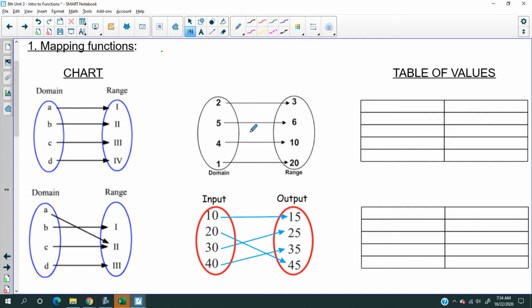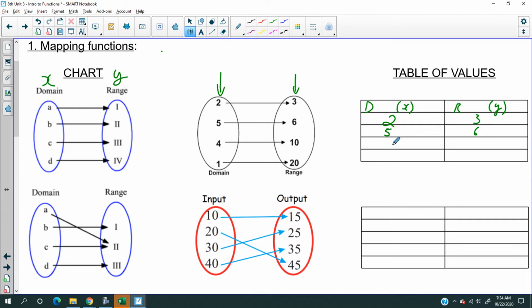Let's say here we have the domain and range, otherwise known as x and y. I'm not doing anything crazy here. This is just x and y. We've got 2, so if I put 2 in the machine, I expect to get 3 back. Whatever that machine does, I don't care right now. And if I put 5 in there, I get 6.